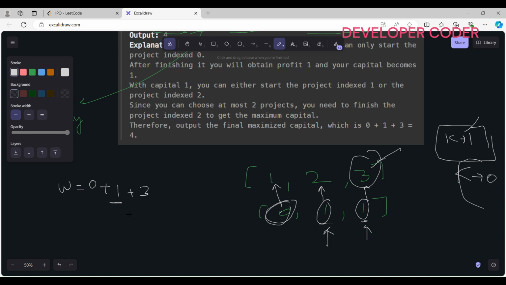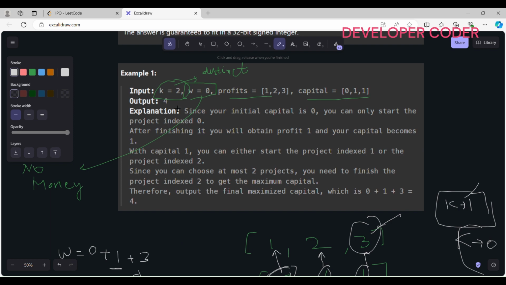So now what is the total value that I'm going to get here? 4, right? Okay, so see here, 4 is the output, right? So now read this. Since your initial capital is 0, you can only start the project indexed 0, right? And after finishing it, you will obtain profit 1 and your capital becomes 1.